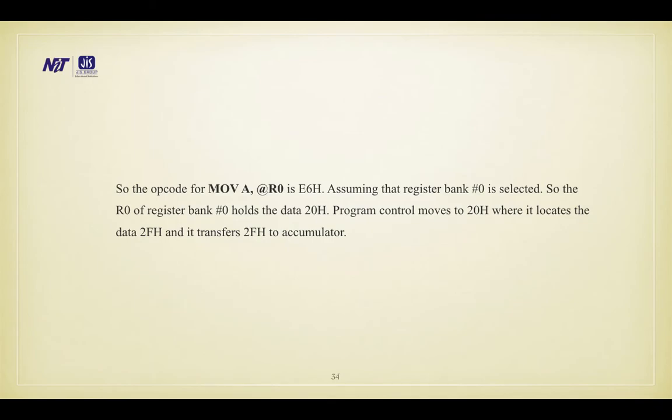So the opcode for MOV A, @R0 is E6H. Assuming that register bank 0 is selected, the R0 of register bank 0 holds the address 20H. The location 20H holds the data 2FH, and it transfers 2FH to the accumulator.